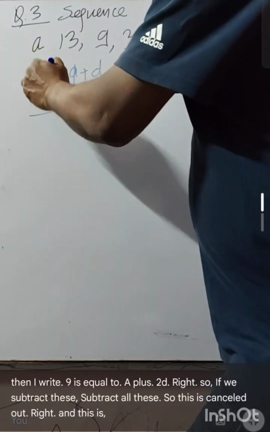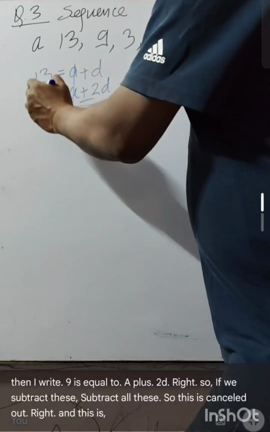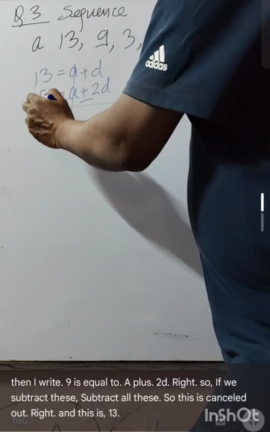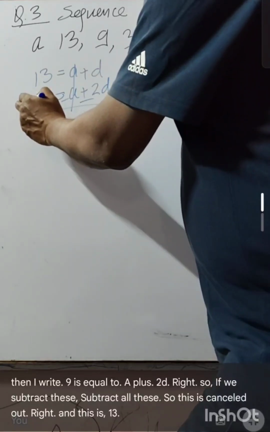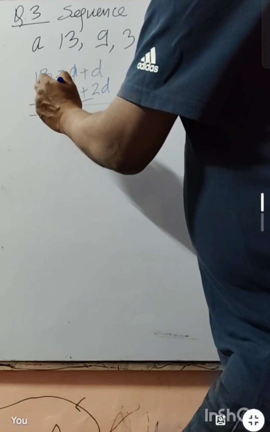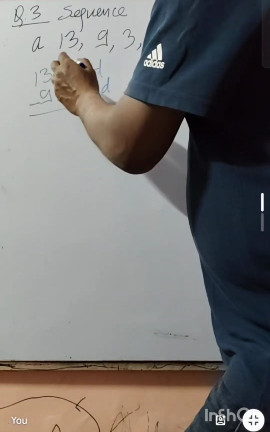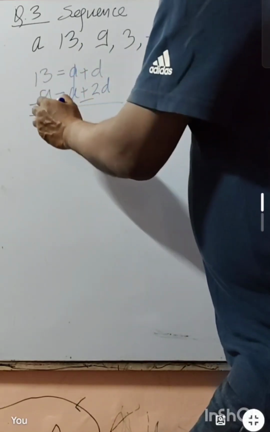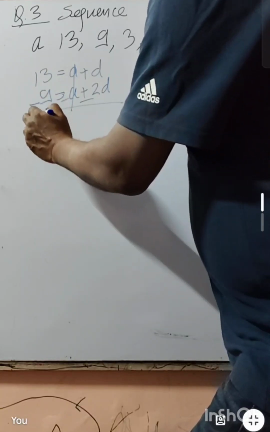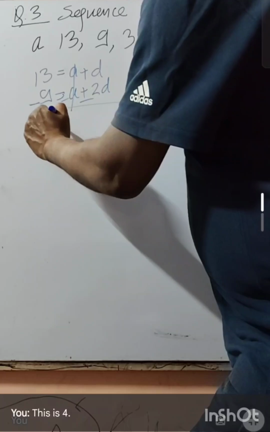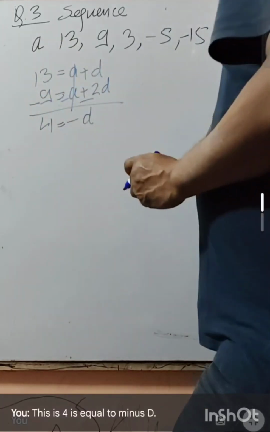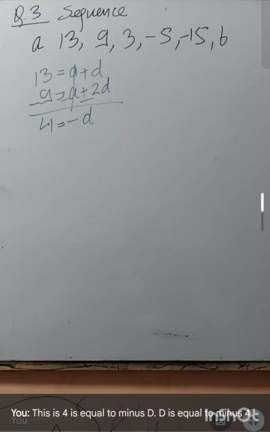And this is 4 is equal to minus D. D is equal to minus 4.